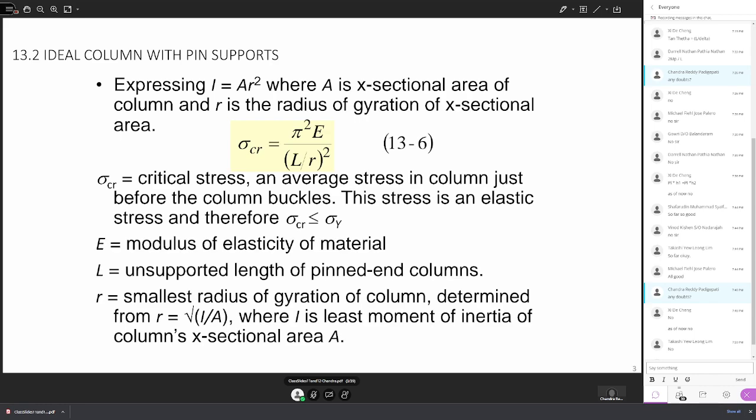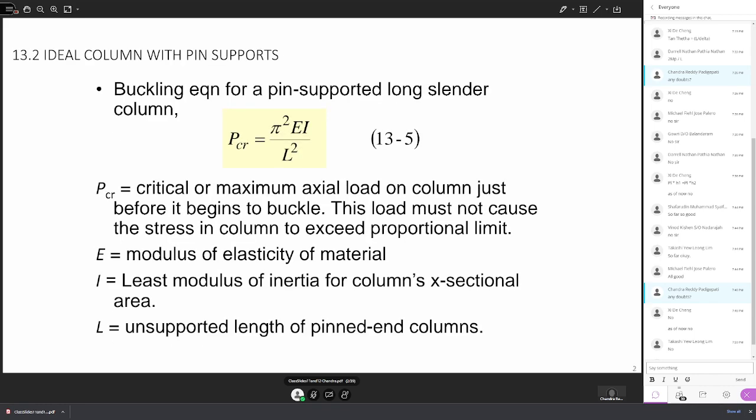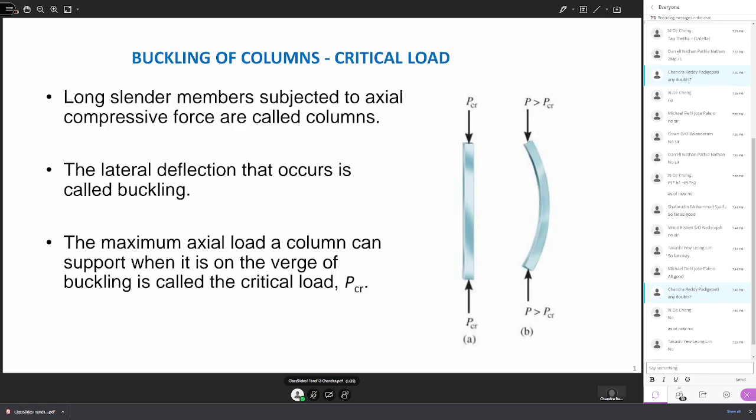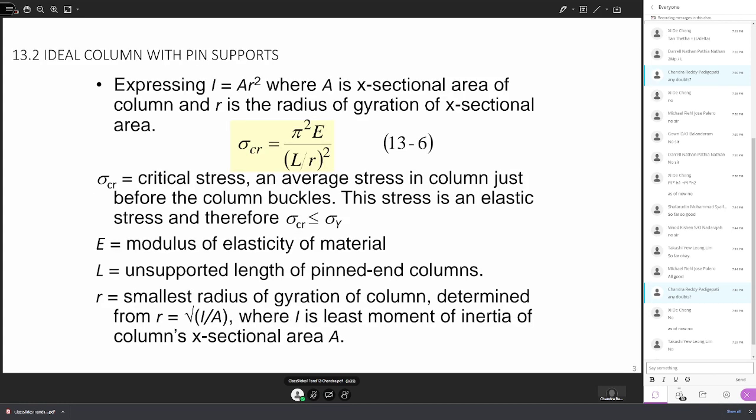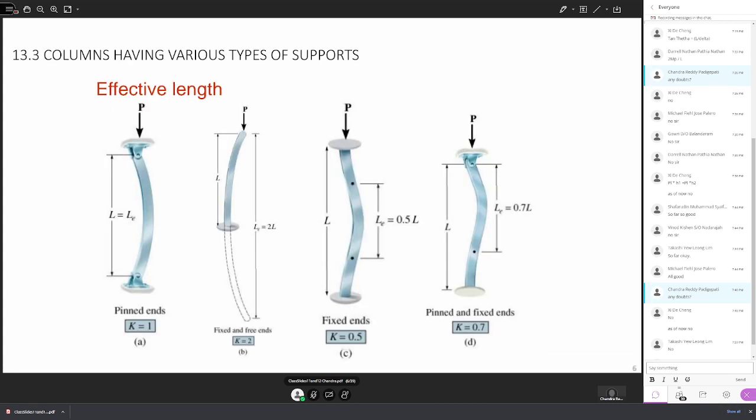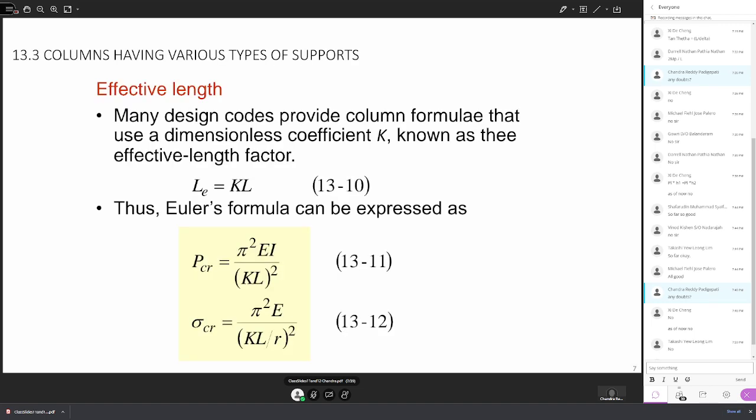Okay, so the first thing in the buckling of columns is where you can calculate the critical load. You can use the critical stress acting on a column to buckle, so you can use these formulas to calculate.